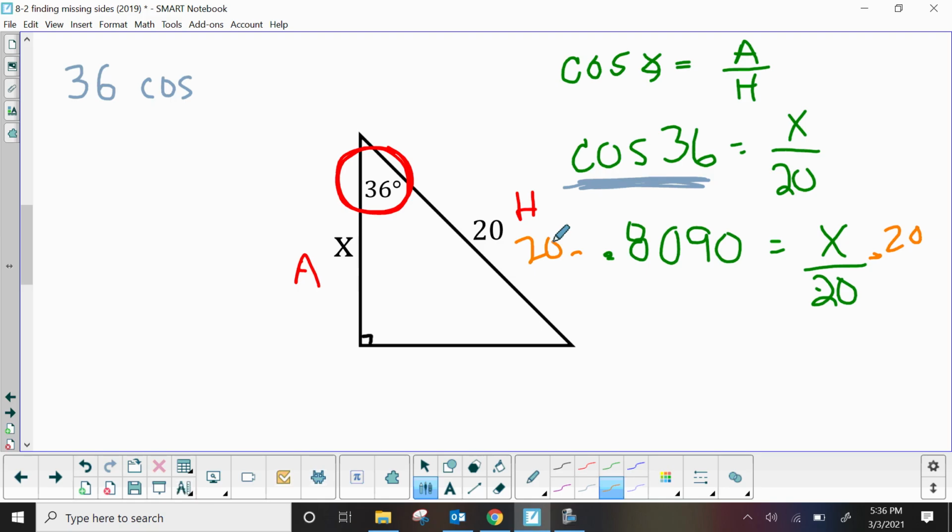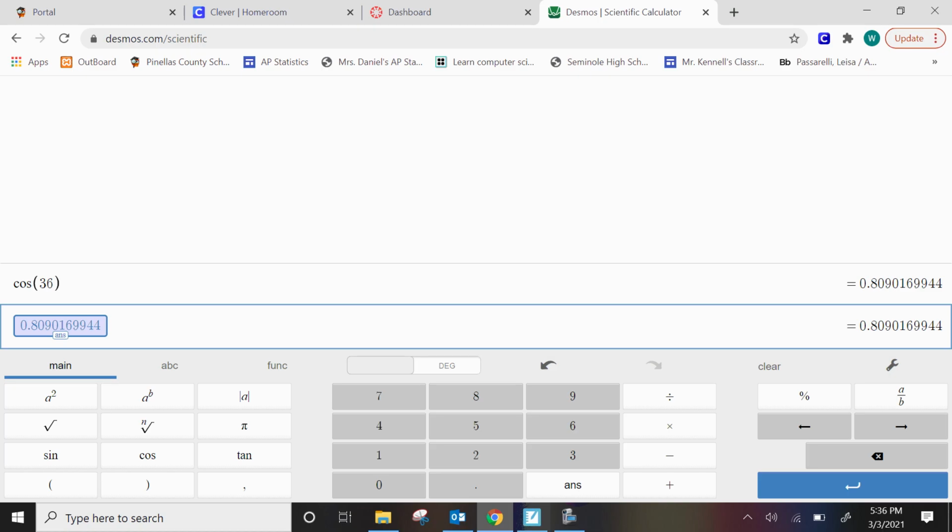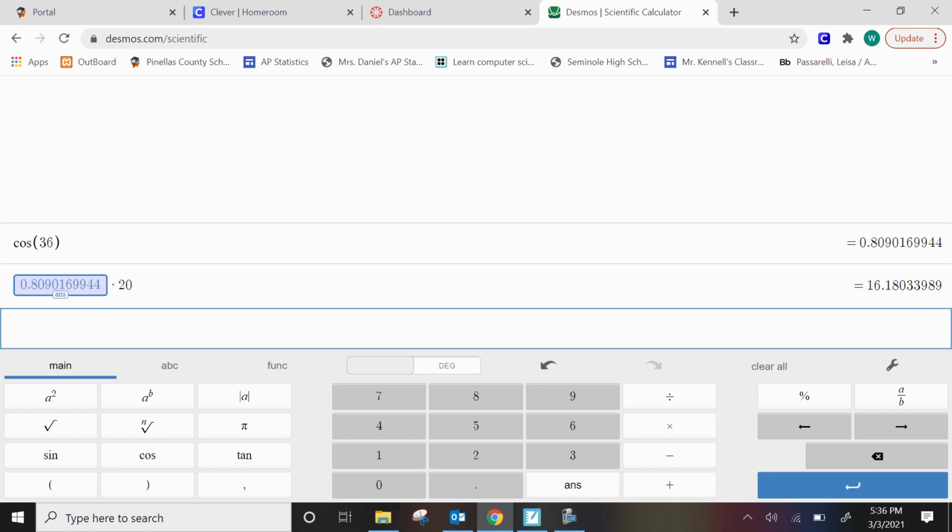So again, like I said with the calculator, I usually leave that entire number there. So I'm going to leave that entire number and just hit times 20, hit enter, and there you can see 16.180. I'll go to first decimal place, which ends up being 16.2.